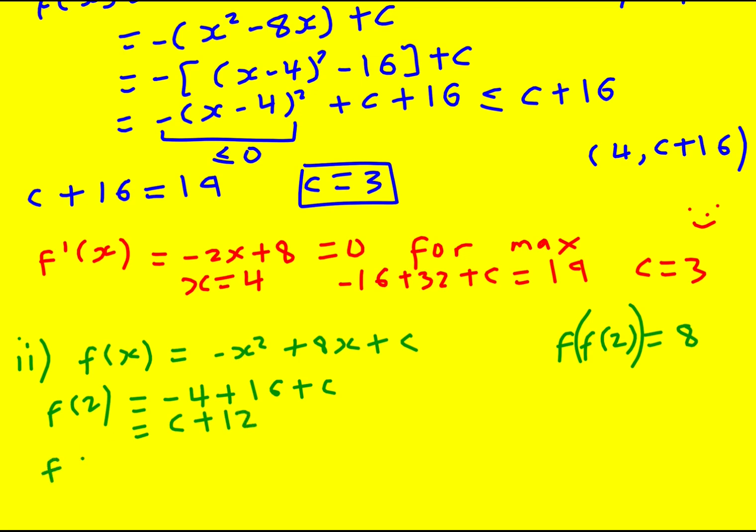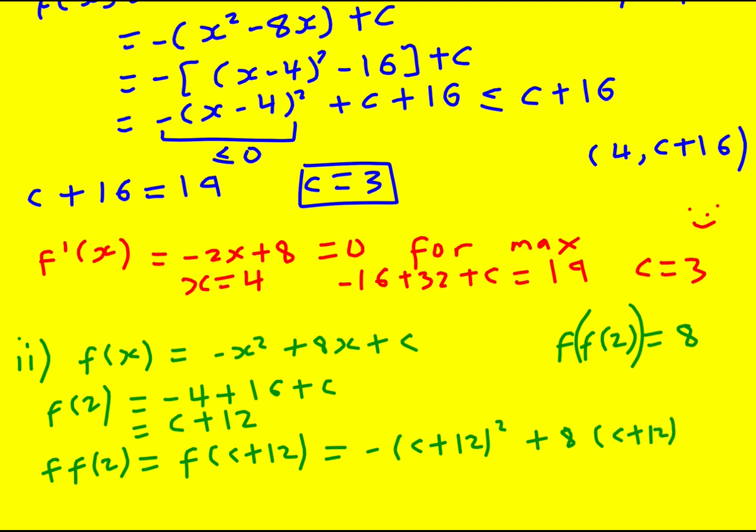So then f of 2 is going to be f of c plus 12, and I can now substitute that in. It's going to be minus c plus 12 squared plus 8 times c plus 12 plus c. Remember, that is equal to 8.